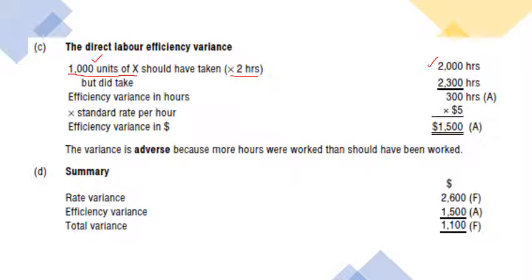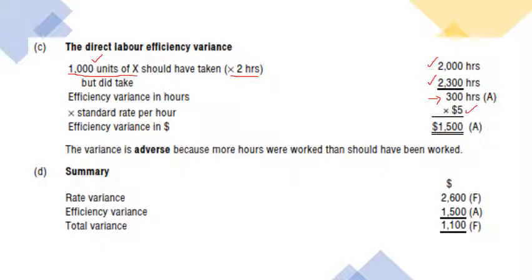However, the firm allocated 2300 hours instead of 2000. So these 300 hours were extra utilized on production of these 1000 units. It means that you utilized 300 hours in excess to manufacture these units, and the standard rate was $5.